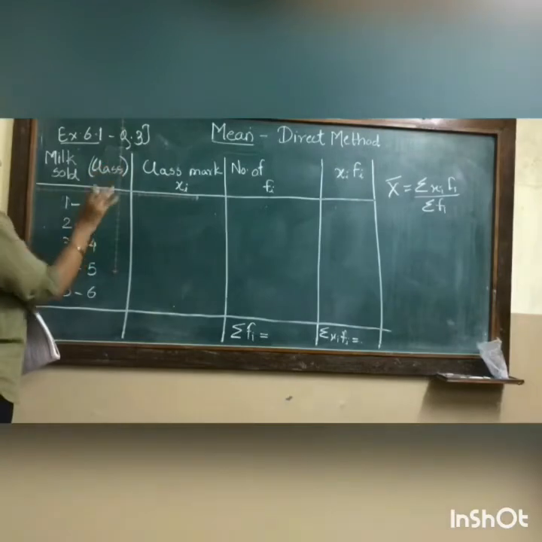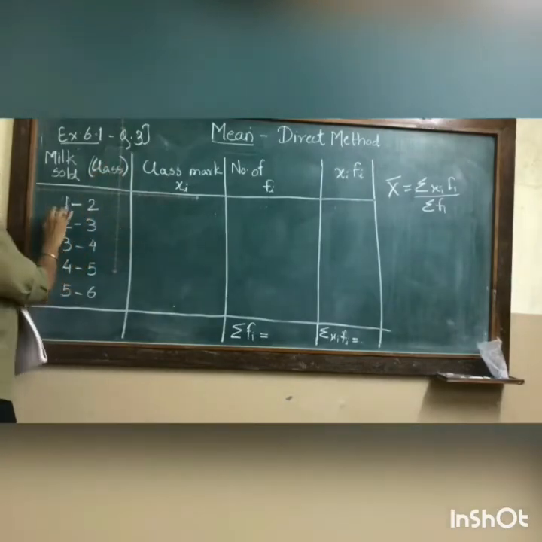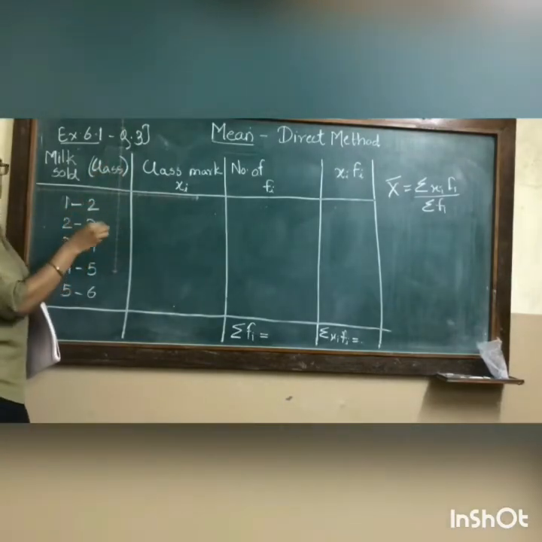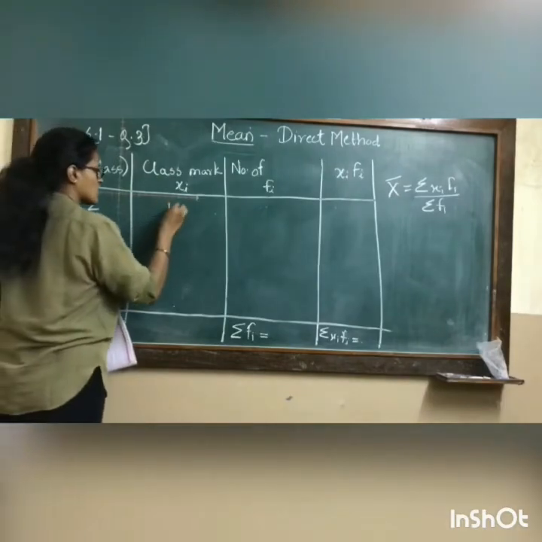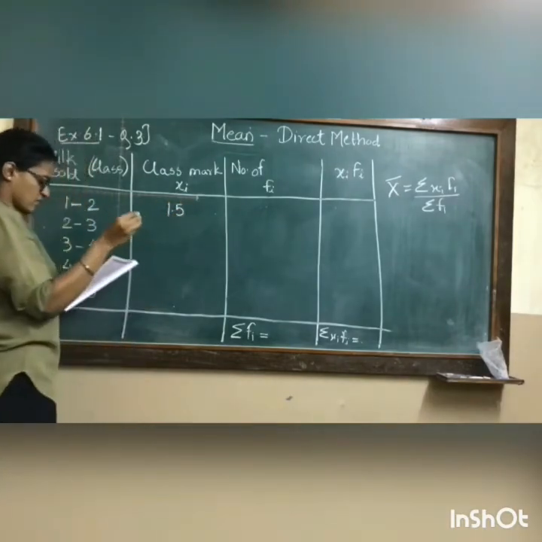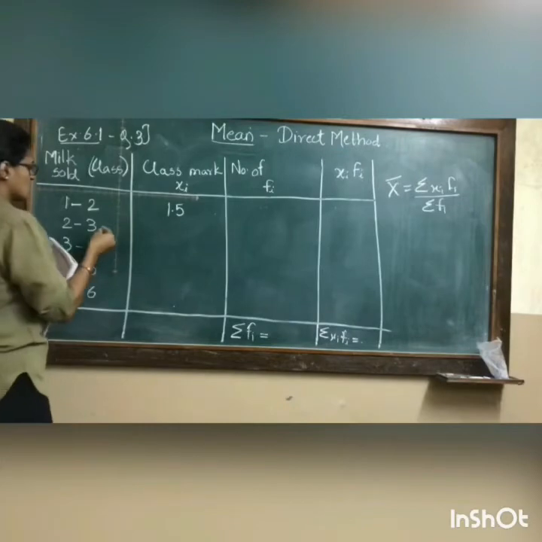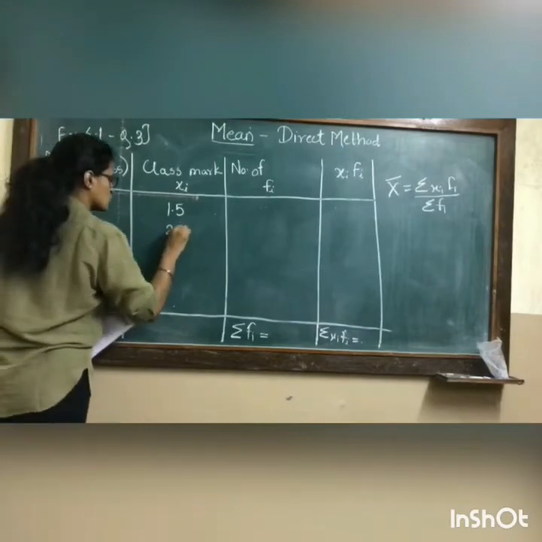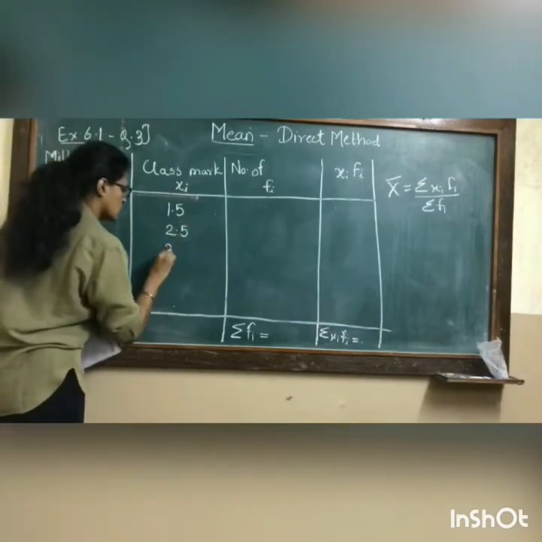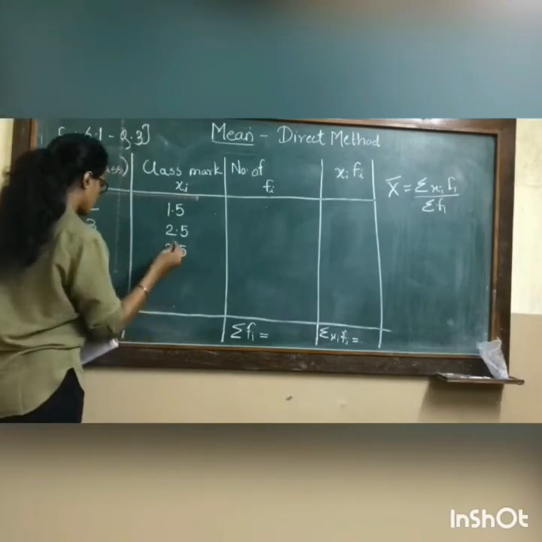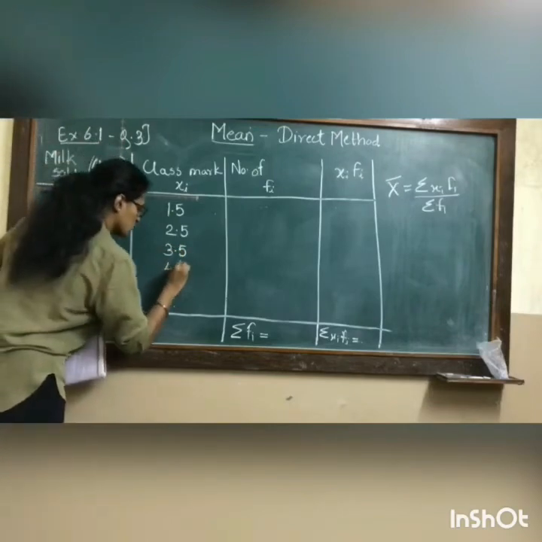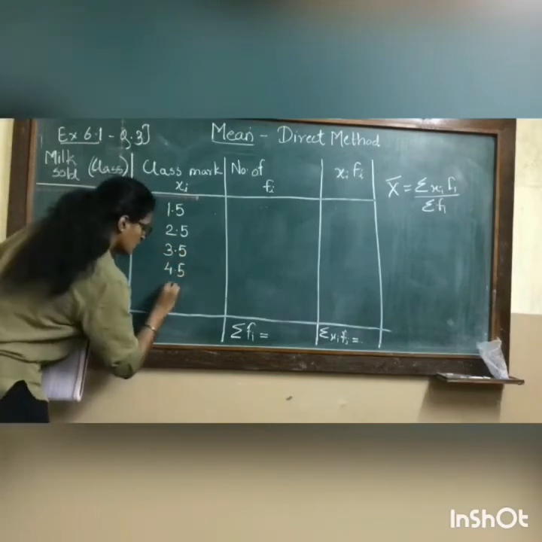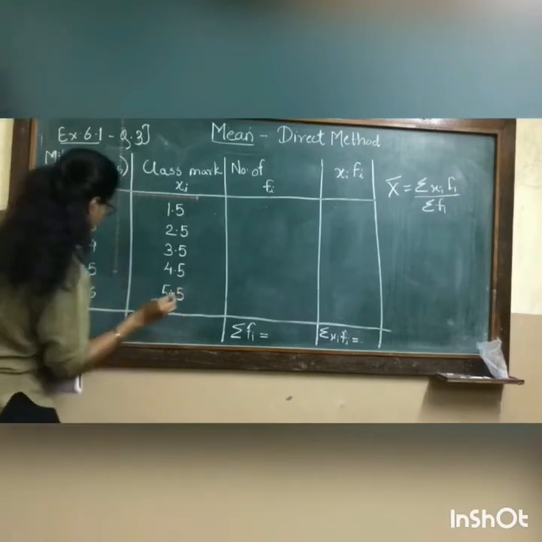Now we have to find the class mark. What did we do? 1 plus 2 upon 2, 3 upon 2, that is 1.5. Next is 2.5, 3.5, 4.5 and 5.5.